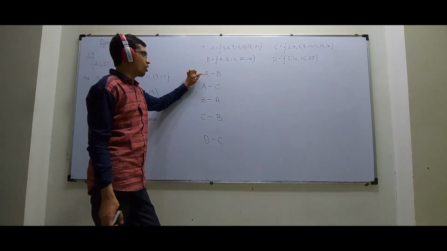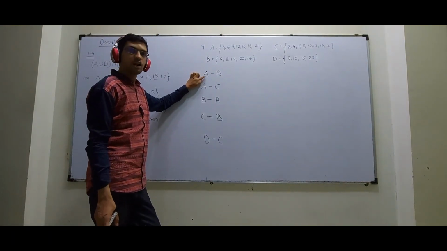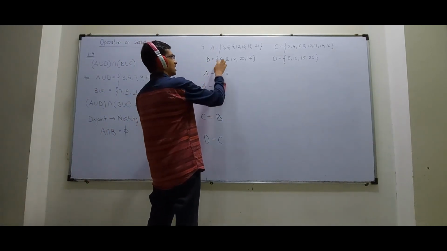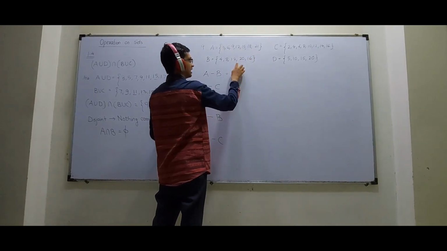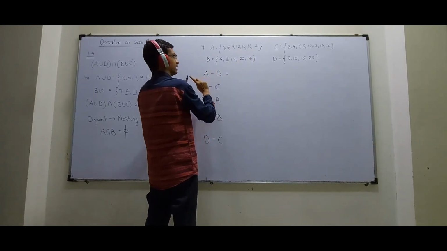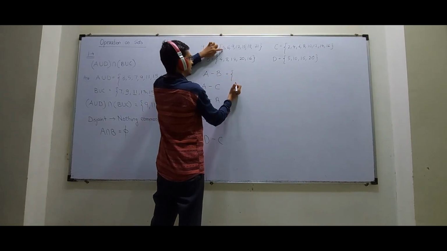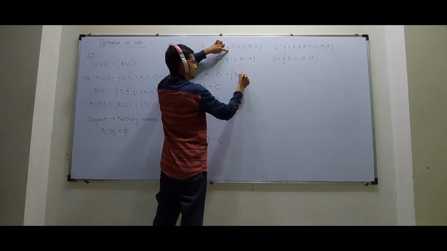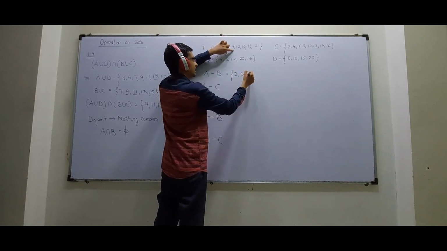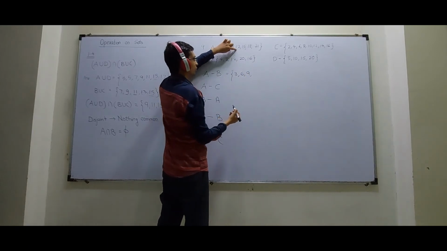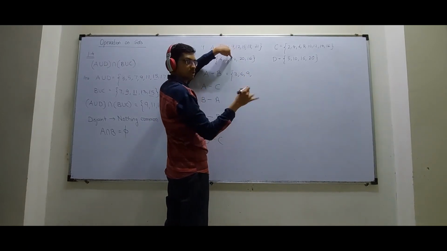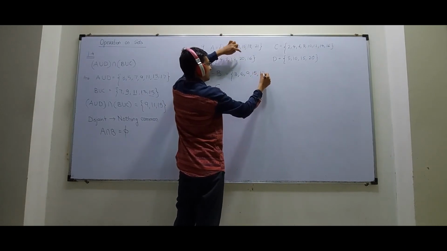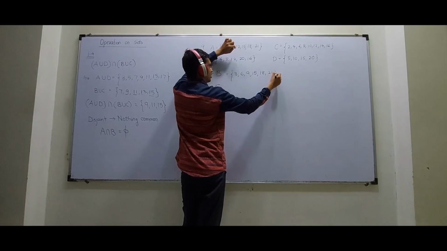Okay. A minus B. What does subtraction mean? All elements of A which are not present in B. It means whatever may be the answer has to be from this only. I will not touch this because A is my first set. So see, 3 is not present here, so I'll write 3. 6 not present, I'll write 6. 9 not present, 12 is there, so 12 minus 12, 0 goes away. 15 not present, 18 not present, 21 not present.